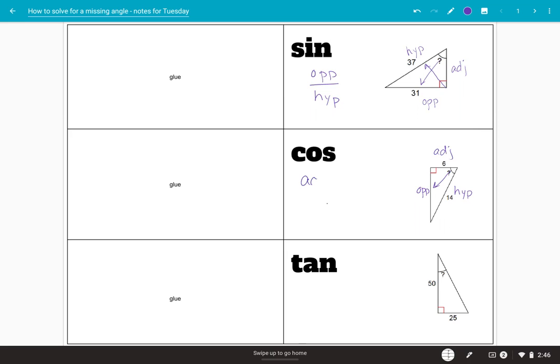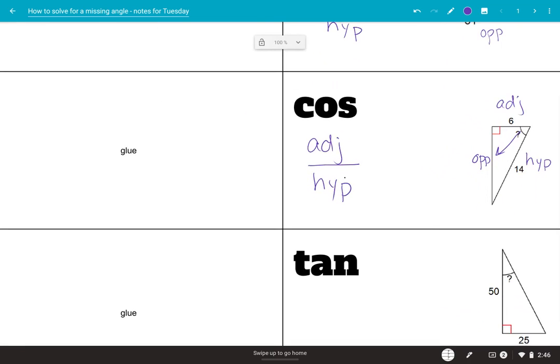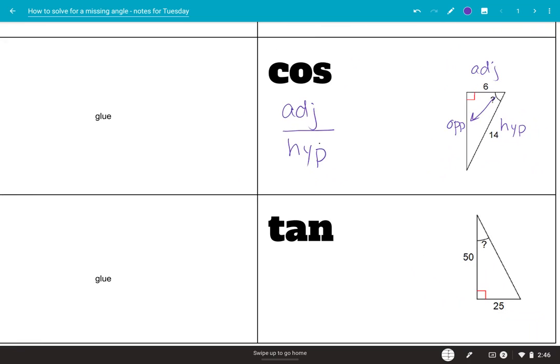This time it's going to be adjacent over hypotenuse. And then, tangent, opposite, hypotenuse, and adjacent. Tangent is going to be opposite over adjacent.